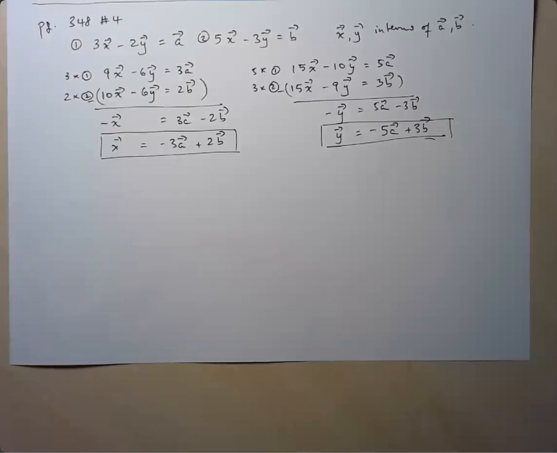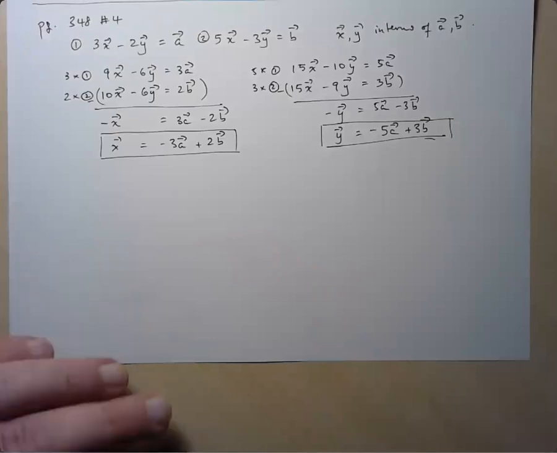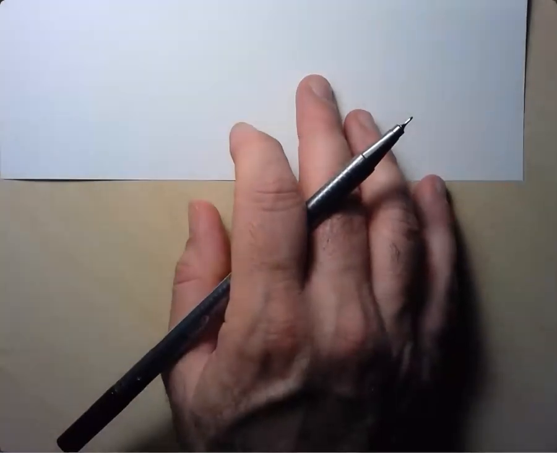Okay, it looks like we can skip 7, so that's good. Let's go to 377. All right, let's take a look here. This is a short question, so I've got space here.